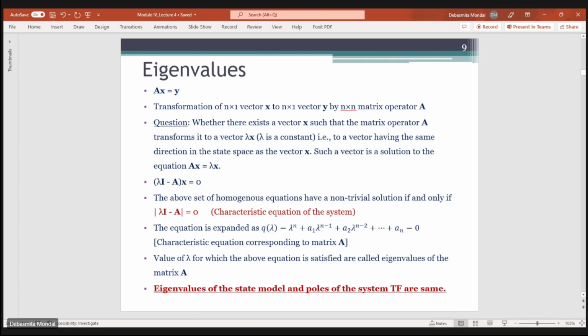Okay, and we already know that the roots of the characteristic equation, or the solution of the characteristic equation, are nothing but the poles of the closed loop transfer function, or the poles of the closed loop system. So by comparing these two statements, we can say that the eigenvalues of the state model, that is the eigenvalues of the matrix A, and the poles of the closed loop transfer function are the same.